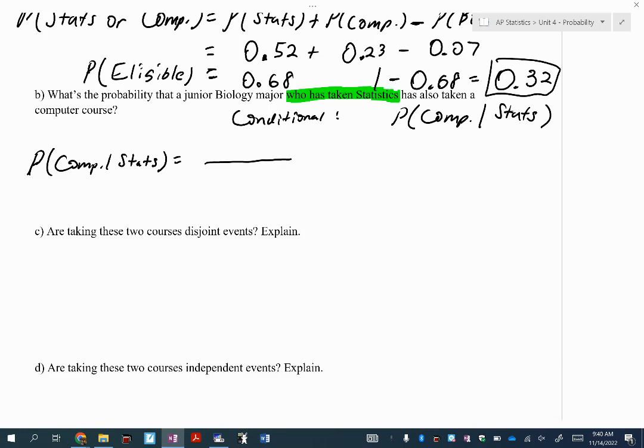So I put in the bottom what's happened. They've taken stats, right? And then in the top, if you know they've already taken stats and we want to know the likelihood that they've also taken computer, then on the top is always going to be both. And you can write stats and computer, or computer and stats. It doesn't matter, because that's going to be the same. So on the top is both.